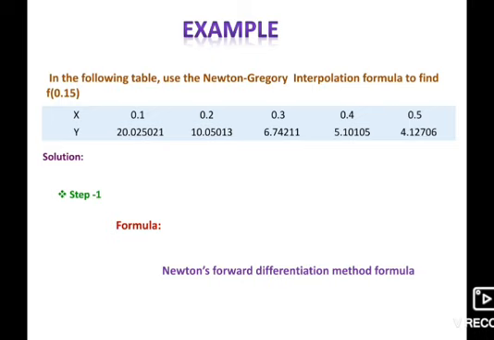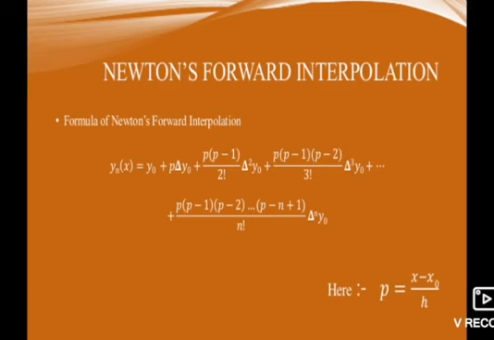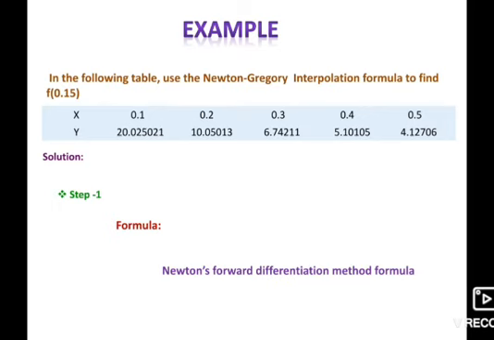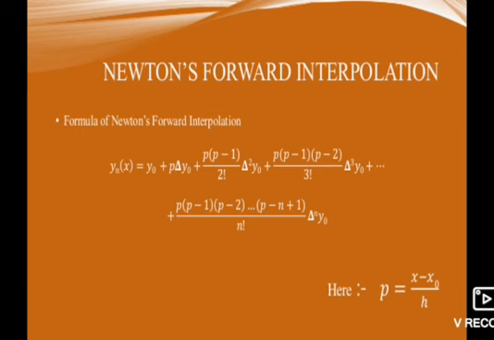For the first step, we are going to see the formula, Newton's forward interpolation formula. It has y naught and p del y naught. Here the value p is calculated by the formula x minus x naught divided by h.